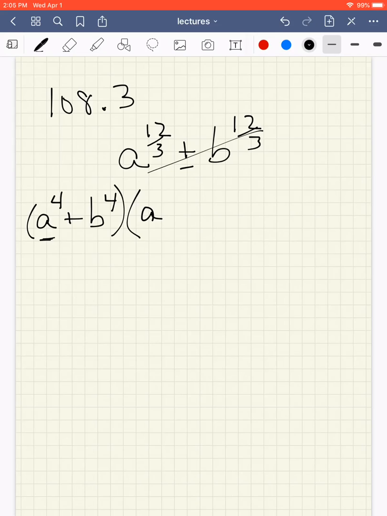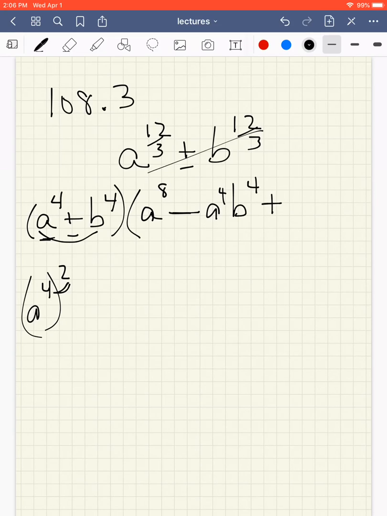Nobody said 16, did they? Because it's a to the 8th. Remember, a to the 4th squared, you multiply the exponents. So then this is a plus, this is a minus. Multiply these. This is always a plus. Square this, so b to the 4 squared is b to the 8. We're all done.